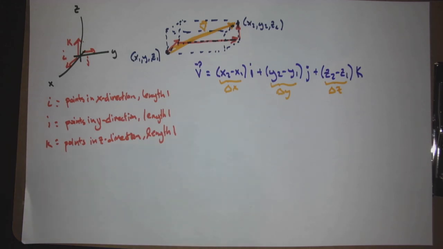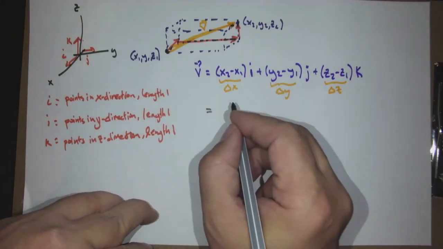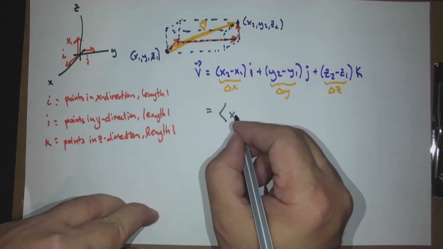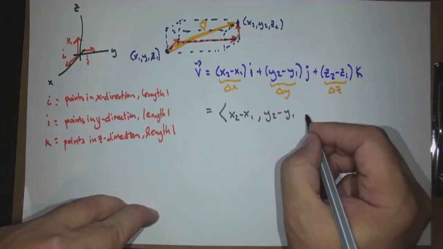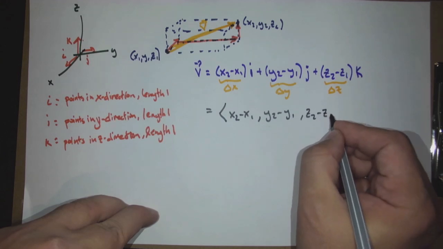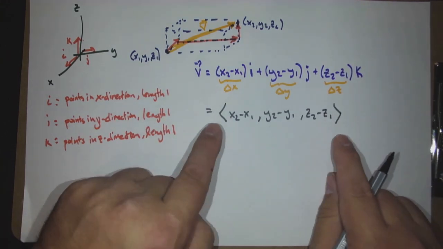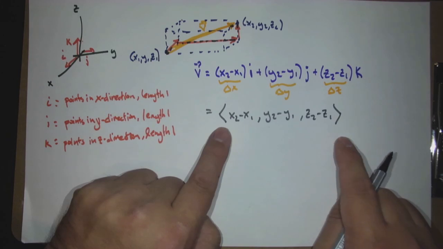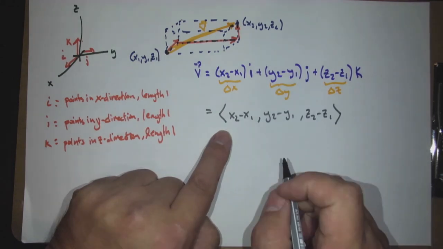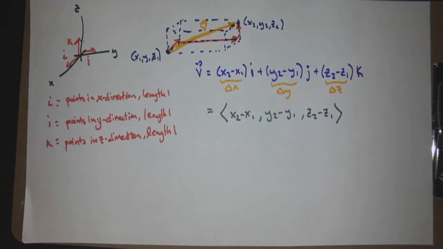We'll often write this using a shorthand notation in the following way: x2 minus x1, y2 minus y1, z2 minus z1, but not with parentheses, but with these angled brackets. So this is a vector, not a point. So be careful with your notation.